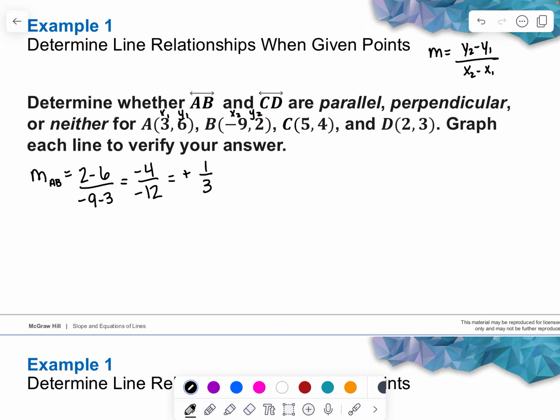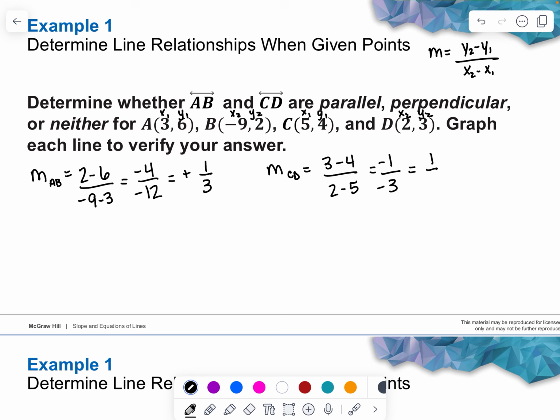Okay. Now I'm going to put my x1 and y1 over the top, x2, y2. It does not matter which point is 1 or 2. It does not. CD. Okay. 3 minus 4 over 2 minus 5. 3 minus 4 is -1. 2 minus 5 is -3.